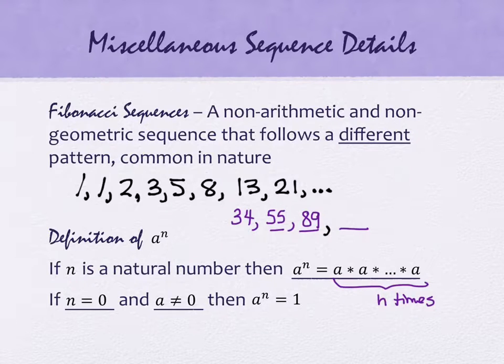If n is equal to 0, and a is not 0, then a to the 0 would be 1. We're not talking about negatives. It's not in our vocabulary at the moment, so don't worry about those, okay? We're only dealing with positive numbers. We're going to hang out with whole numbers till we get to the end of the semester, and then we'll get to some negatives, okay?